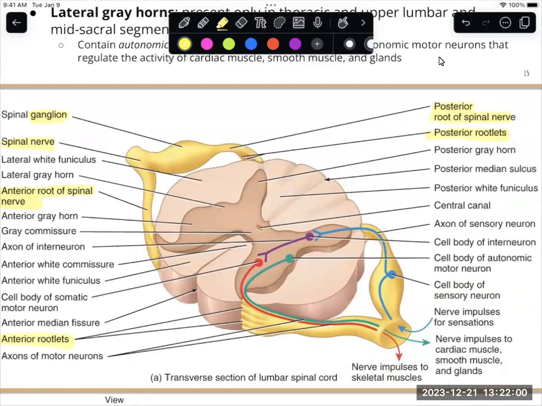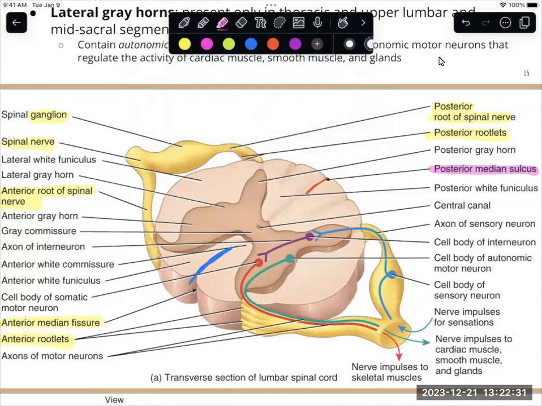Okay, that anterior median fissure is this large portion that goes here. The posterior median sulcus. It's not as deep, kind of runs in, and that's it.